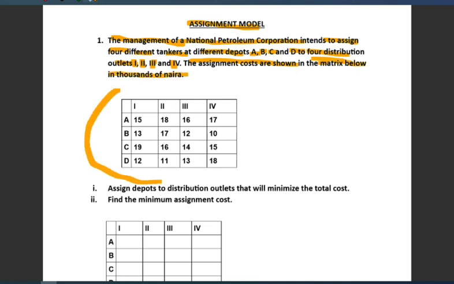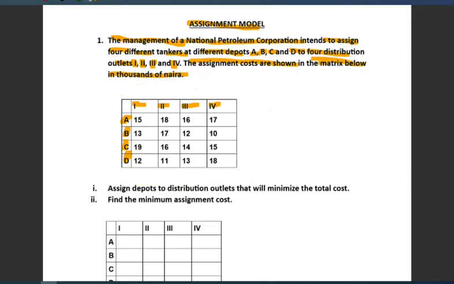So this is the table. We have the values for each depot, from each of the National Petroleum Corporation to their destination. These are the depots here, and these are the warehouses, sort of, where they will be transferred to the depot. So this is what we're going to do.